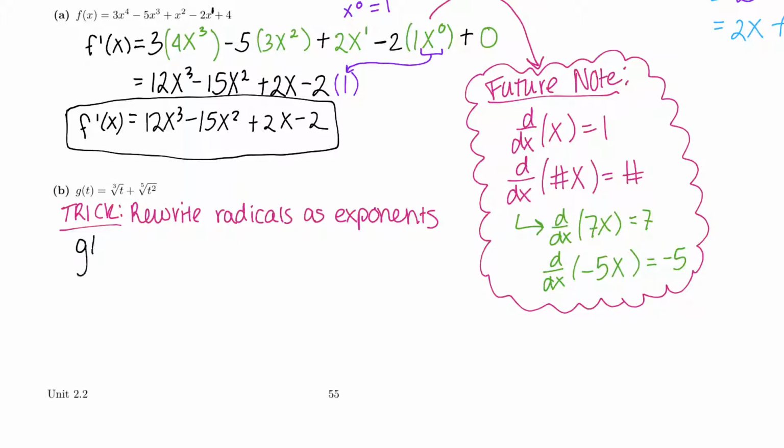So looking at our original function, no derivative yet, I'm just rewriting it. The cubed root of t is t raised to the 1/3 power. The fifth root of t squared is t raised to the 2/5 power. Again, we have not taken a derivative yet.